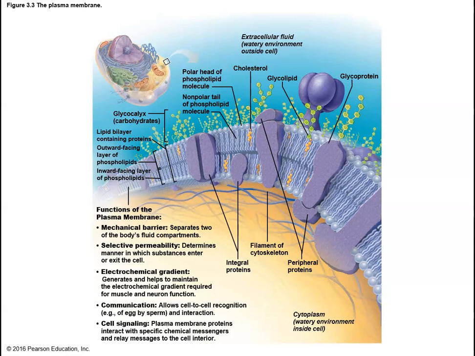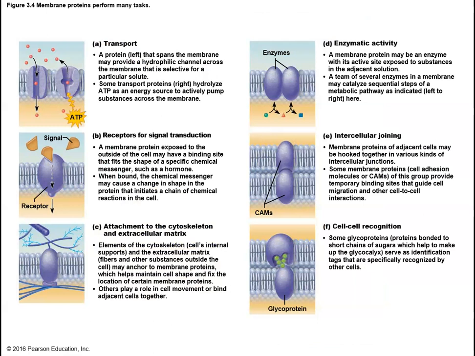Looking here at it, it has a number of proteins, all these purple structures, and they have a number of different functions. So let's look at some of those functions of those proteins. The first one here is transport. So if you are a molecule that is fat-based, so you're made out of fat, then you can move through the phospholipid bilayer very easily, just basically wiggling through the fat.